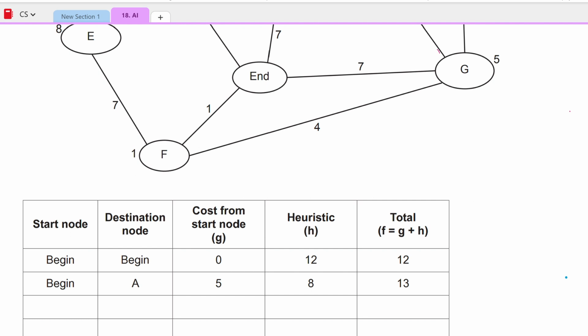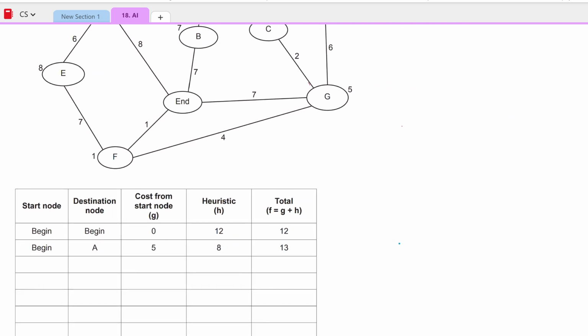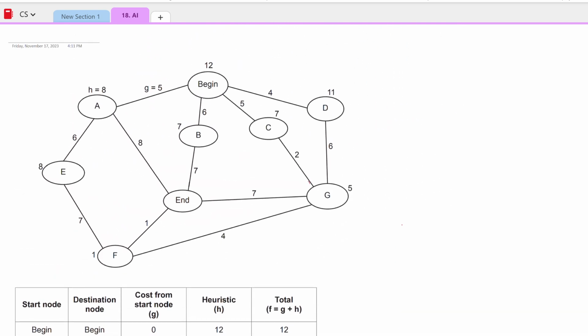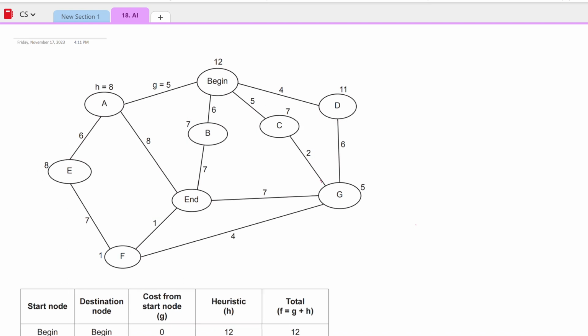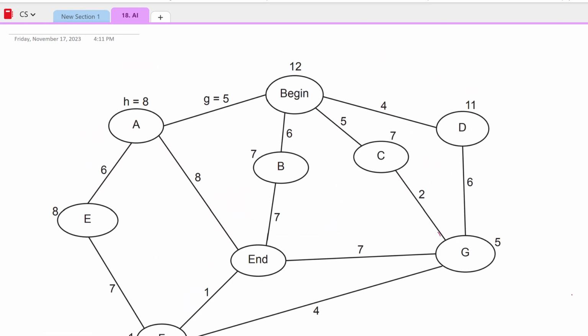But for our algorithm, let's just focus on the graphs for now. This is a relatively new part of the syllabus, added only in 9618, and there have been only 2 questions up till now. So we'll be focusing on those questions to help you understand the A star algorithm.